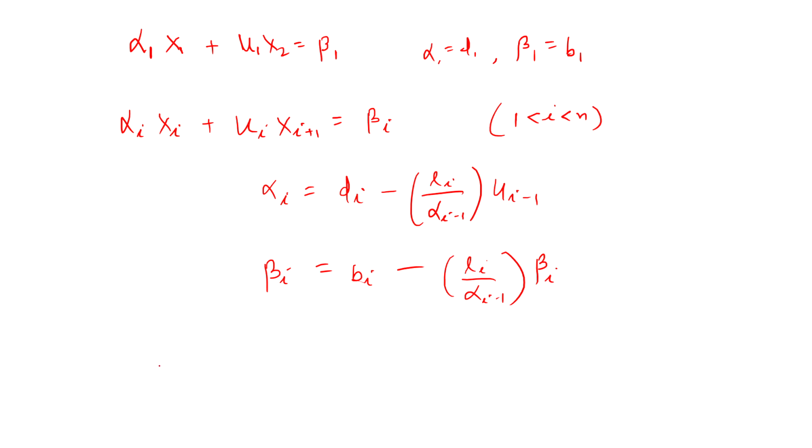And then the last equation will be alpha n xn is equal to beta n, since un is equal to 0.